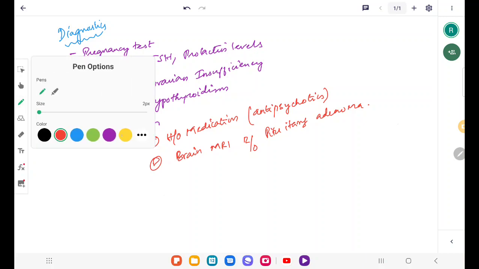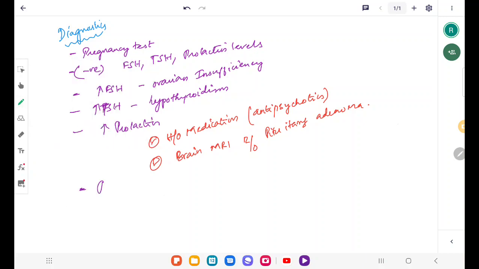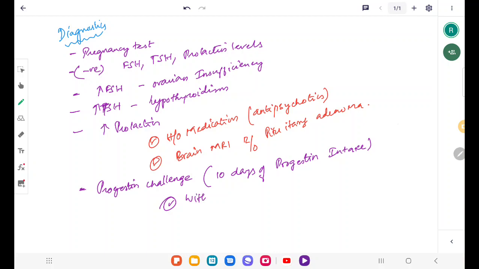And you also perform progestin challenge, where the patient is advised to take progesterone for 10 days. So if withdrawal bleeding is induced, we shall suspect polycystic ovarian syndrome or premature ovarian failure.